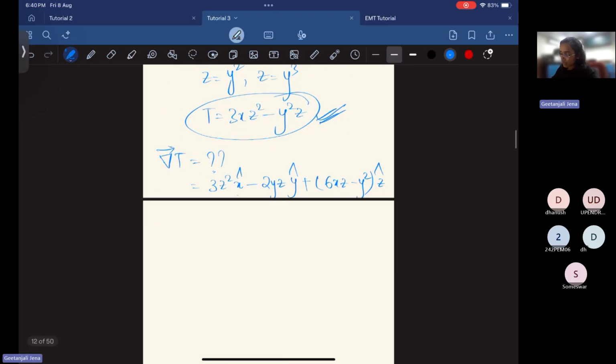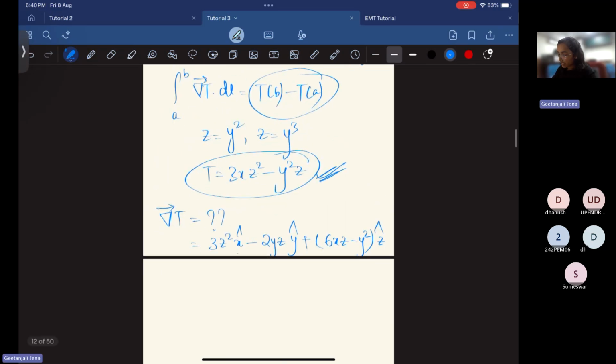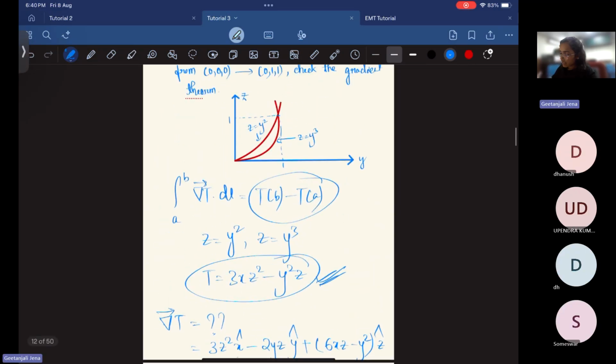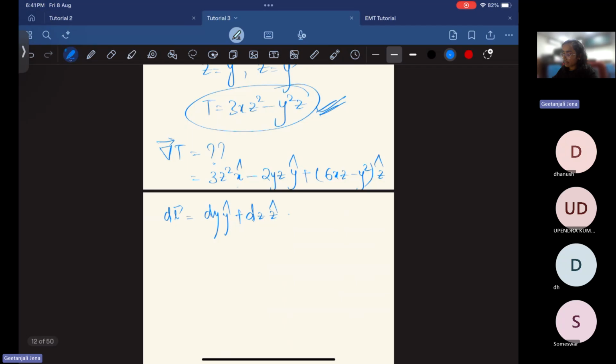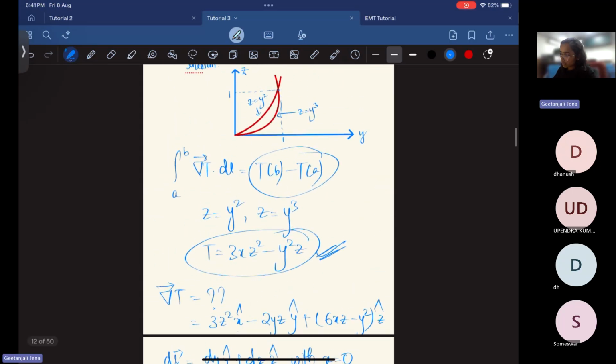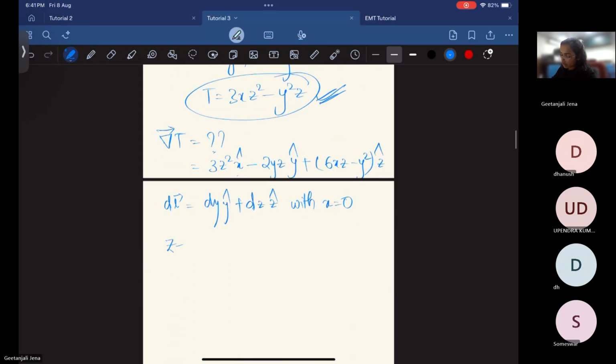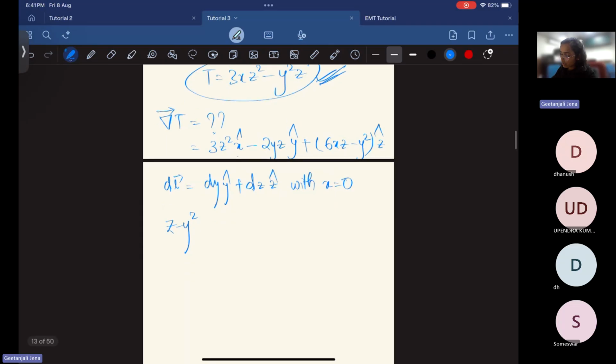This is the gradient of T, and dl, this is in the yz plane, so dl will be dy y cap plus dz z cap. It's the combination of both dy and dz with x equal to 0. So let us see the first path, which is z equal to y square. We have path 1, z equal to y square. So for this, we can write dz is 2y dy.